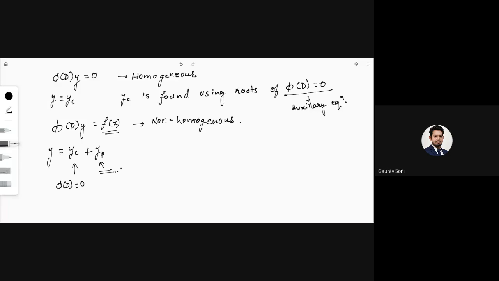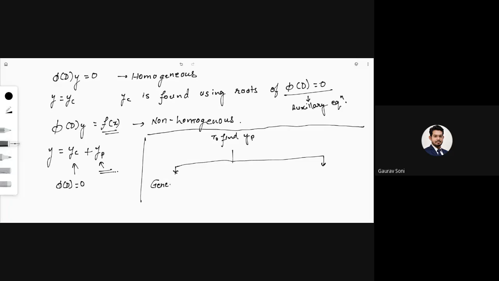To find yp, there are three methods in our syllabus. The first one is the general method.